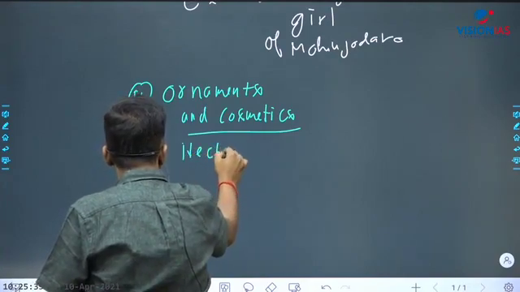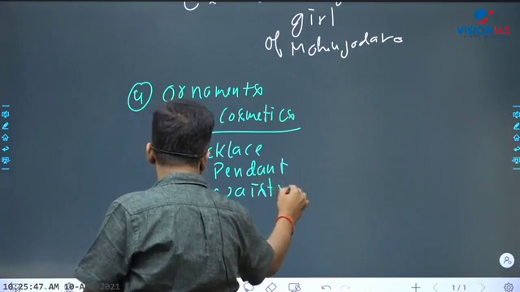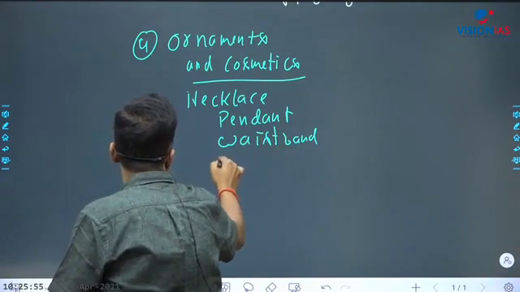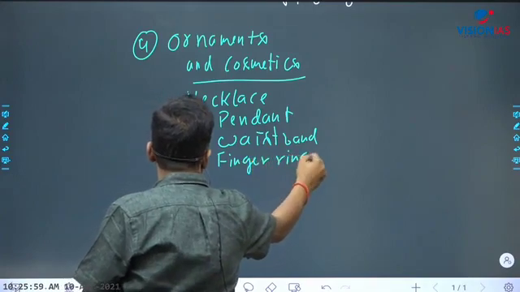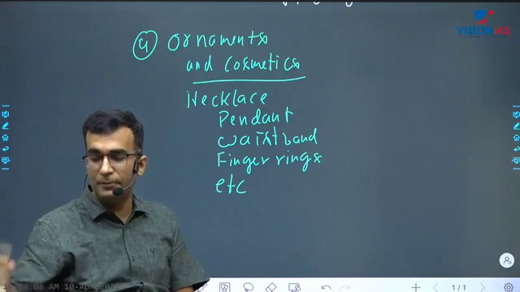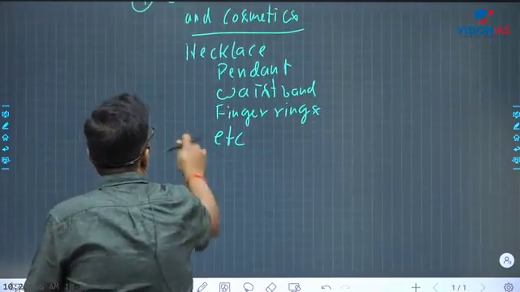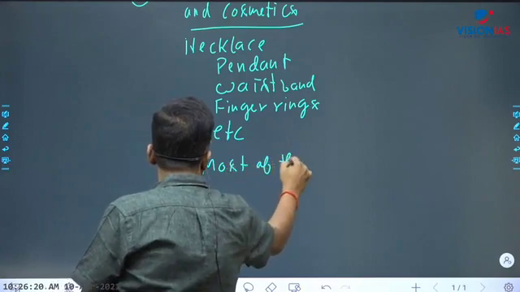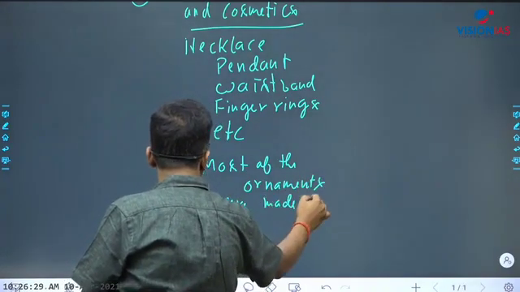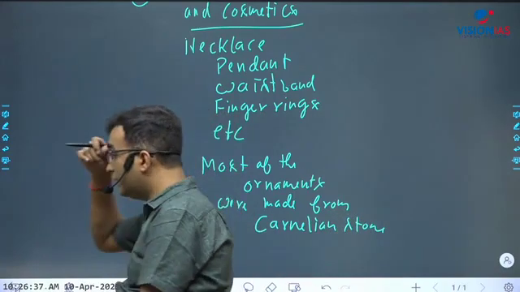You write that Indus Valley people used necklace, pendant, waistband, finger rings, etc. Then further you mention most of the ornaments were made from carnelian stone.